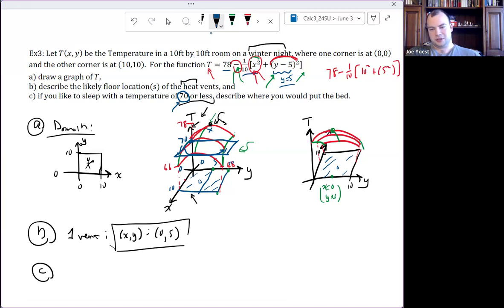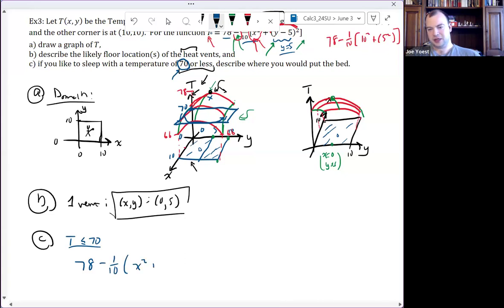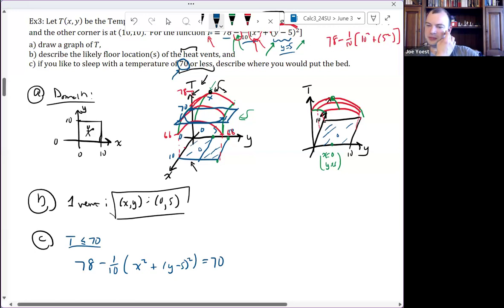Or in other words, what does t less than or equal to 70 look like? Well, that's 78 minus 1/10 times x squared plus y minus 5 squared less than or equal to 70. Let's just do equals 70.